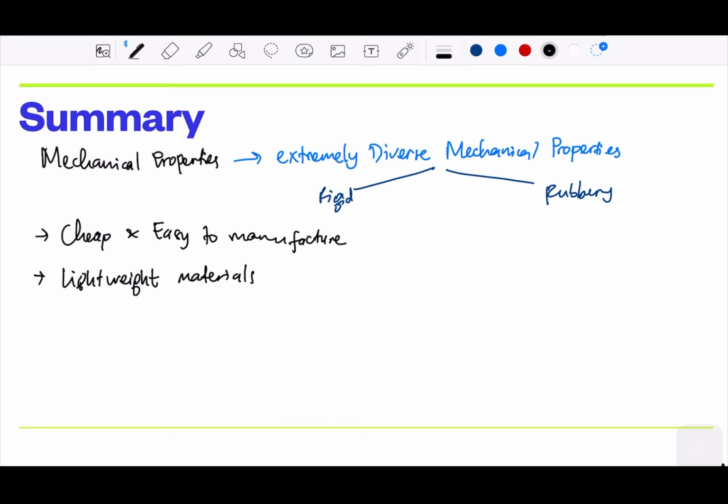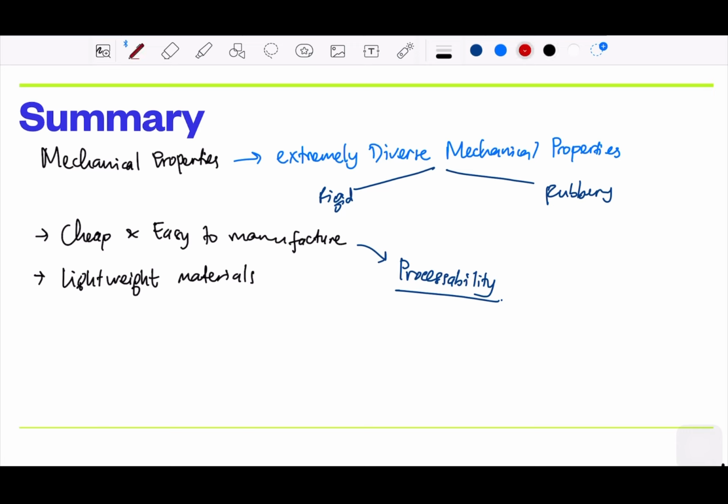But polymers are still intact. Right? And then, of course, manufacture also processability. This is also easy.